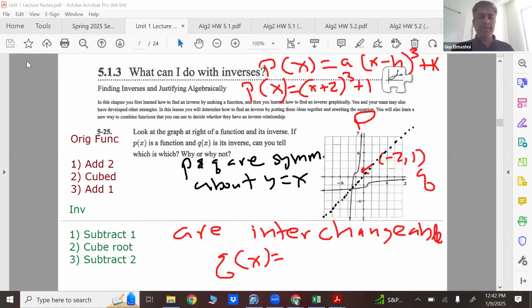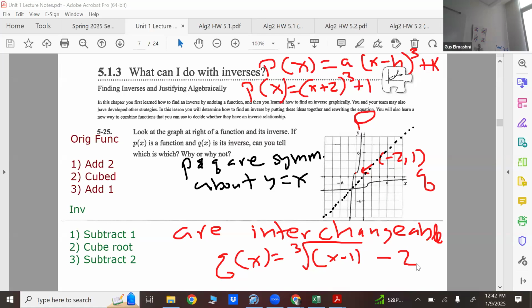So if I were to write that, it would look like this. Let's go red. So it'll be x minus 1, cube rooted, and then minus 2. Which kind of makes sense, right? Because I know it's hard to tell, but look where that center is.